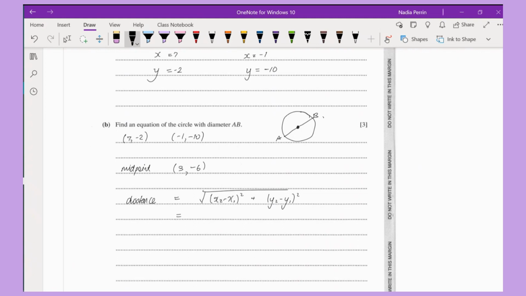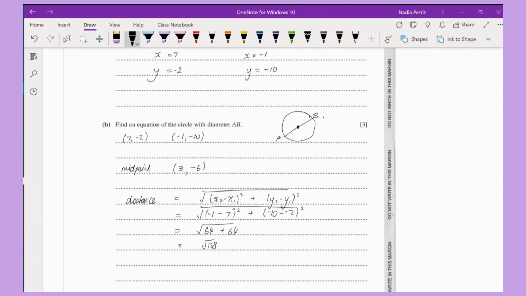So chucking these into our formula, we're going to go -1 minus 7 and -10 minus -2. So we end up with a square root of 64 plus 64. So it's a square root of 128.